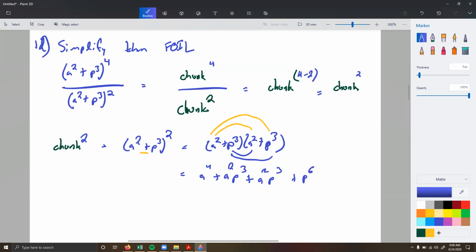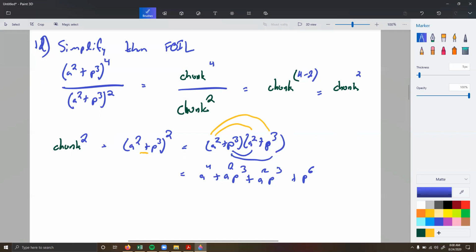And then just another little thing, we do have some like terms in here. When I refer to like terms, important thing to know, that means all the variables are the same and all the powers on all those variables are the same. So we have a squared p cubed, a squared p cubed. You have a and p, a is raised to the 2nd, p is raised to the cube.